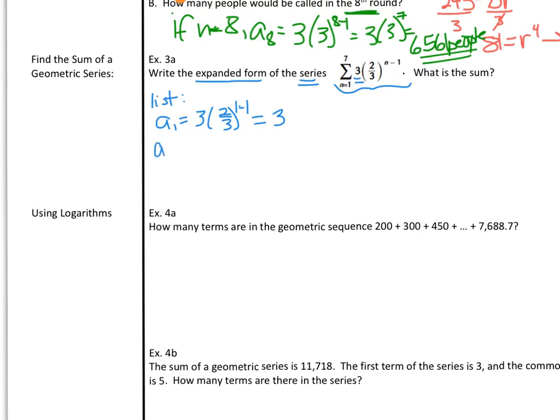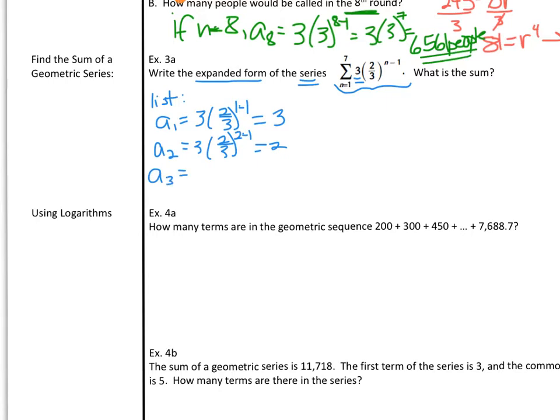To get the second term, if we plug in 2, 3 times 2/3 to the 2 minus 1 power. Well, 2 minus 1 is 1. 2/3 to the first power is 2/3. 2/3 times 3 would equal 2. So notice we're just multiplying by 2/3 each time.